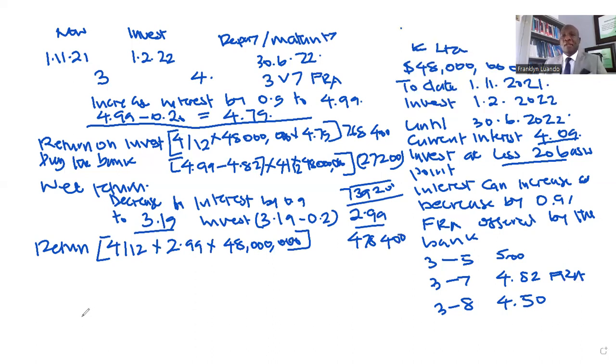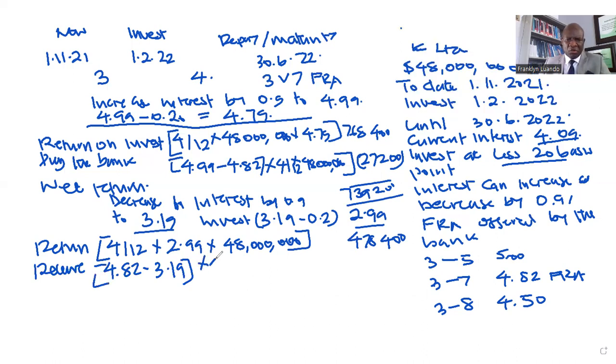Now, K Limited will receive from the bank because they had agreed to receive from the bank. They had agreed 4.82, but it was 3.19. It was low, so they will receive.